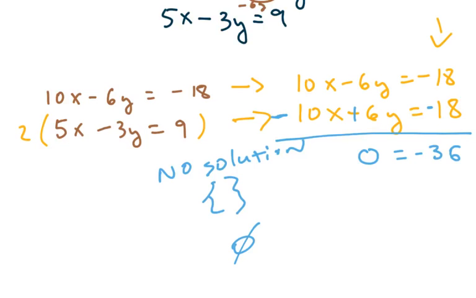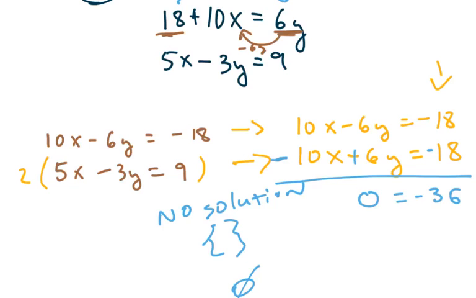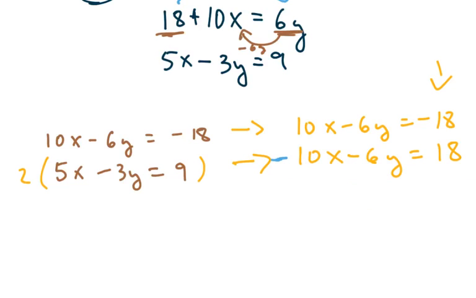Again, why? Well, let's go back to when they were written almost identically. From here and here, we know that because the x and y values share the same numbers, they're going to end up having the same slope, right? But because the numbers at the back are different, the y-intercept is different.